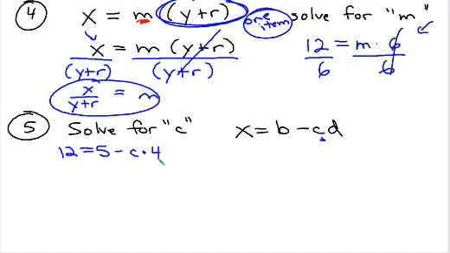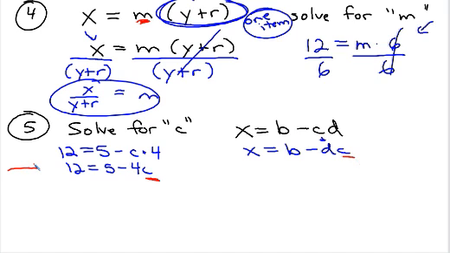Now, wouldn't we normally call this 12 equals 5 minus 4C? Can we do the same thing over there? We can. I can make this x equals b minus dc. I'm allowed to multiply in any order. So, I am solving for c.